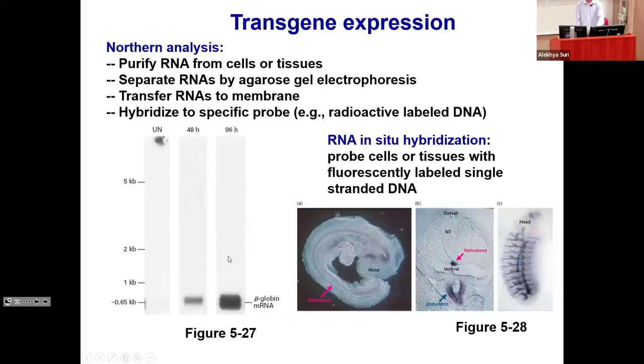If you want to locate, for example, RNA in a specific area of the tissue, you can do RNA in situ hybridization. So that would be another way to locate RNA at specific sites, either in the tissue, but also in the cell.